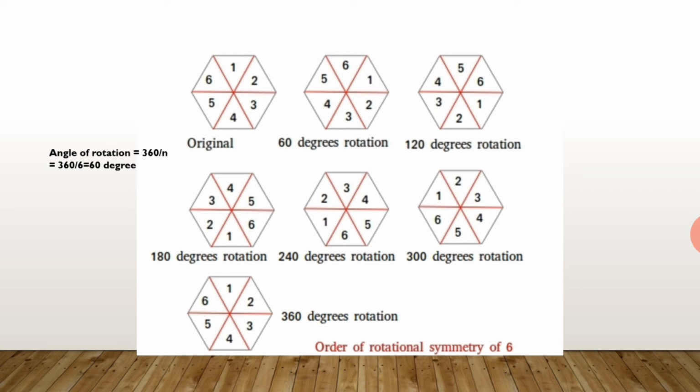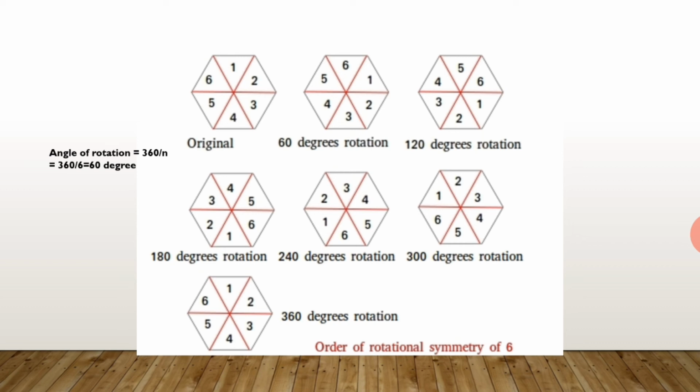It has 6 sides. If it rotates by 60 degrees, it coincides with the original image. If it rotates by 120 degrees, again it coincides. Again, rotating by another 60 degrees makes it 180 degrees, and it coincides with the original image.